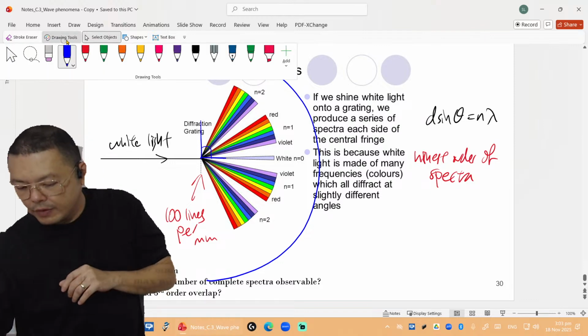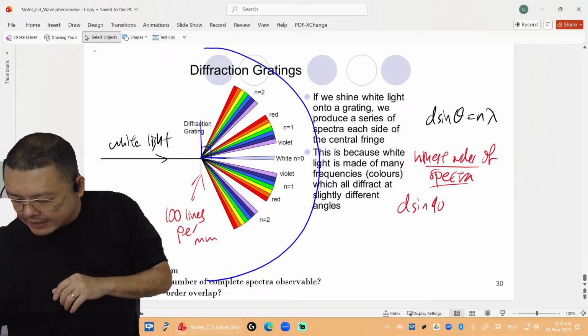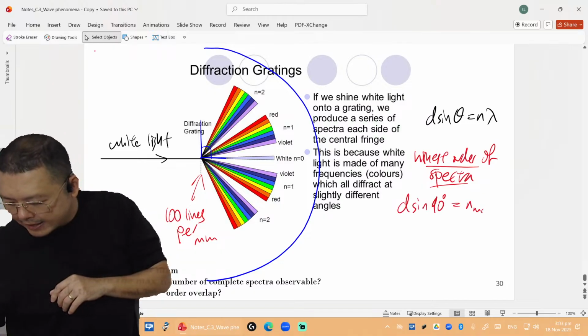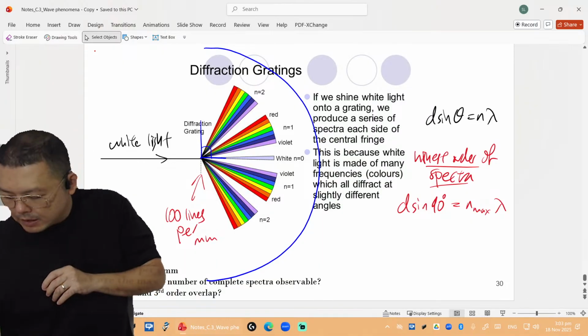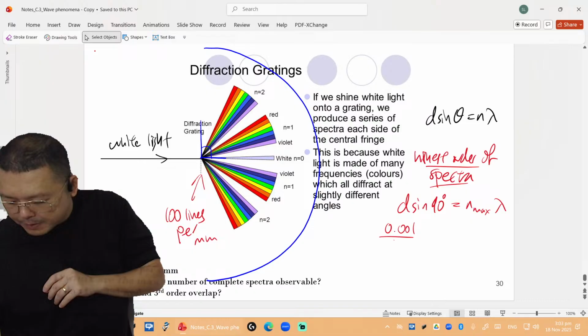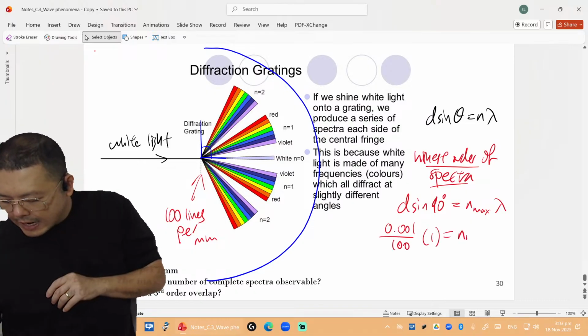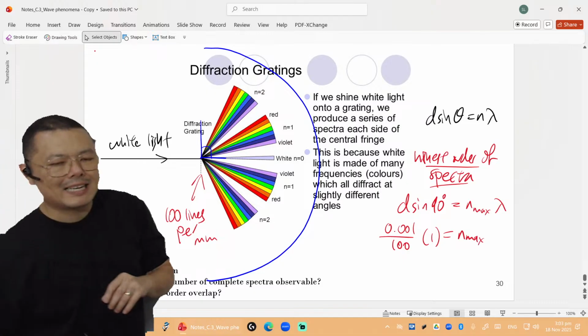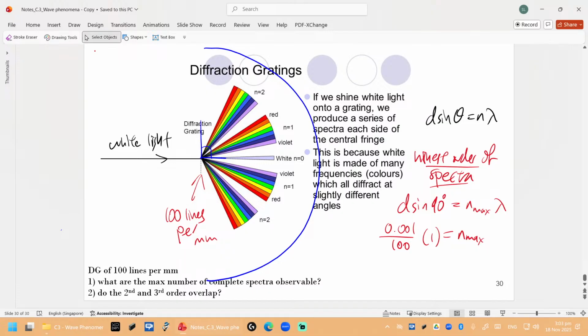Okay. So if you want to find the highest order of spectra, d sine 90 degrees equals n max lambda. d will be 0.001 divided by 100, times 1 because sine 90 is 1, n max. And what is the lambda of red light? So you have to go look for the wavelength of red light. Do you have that?